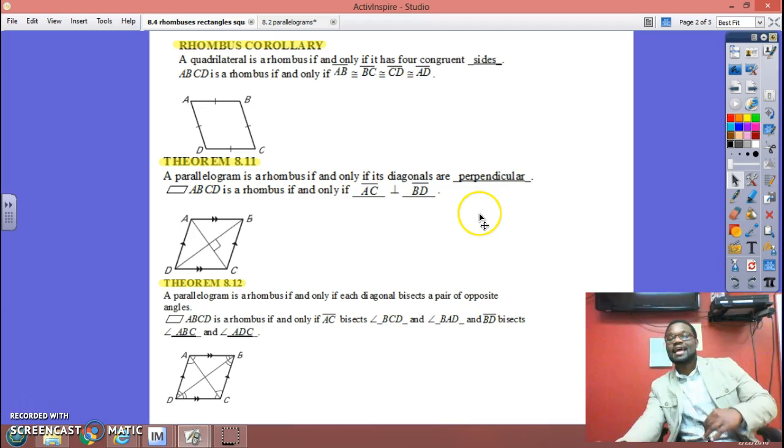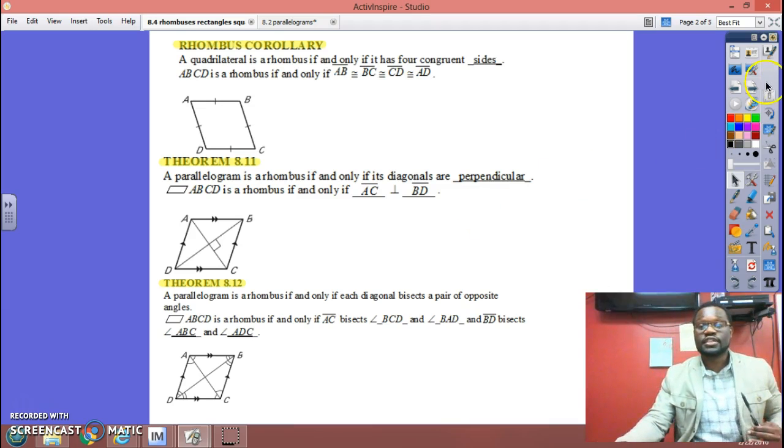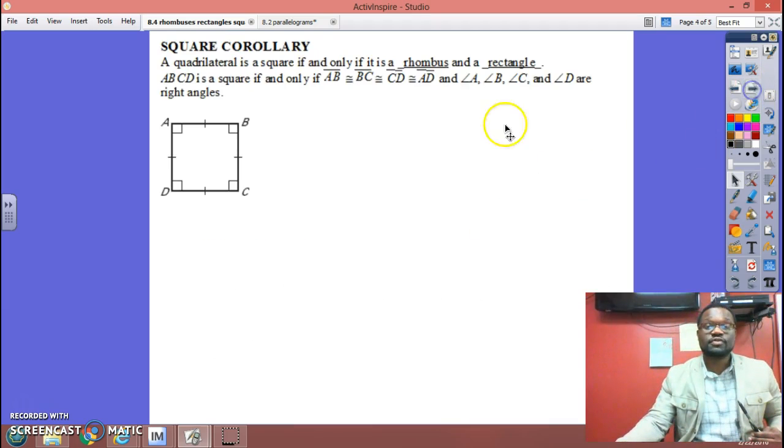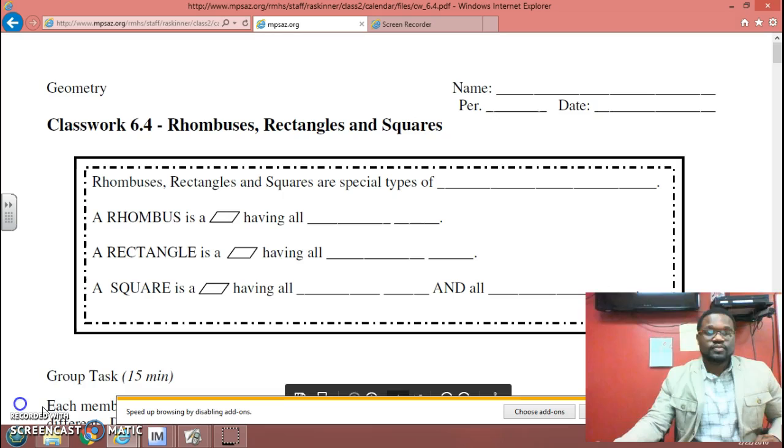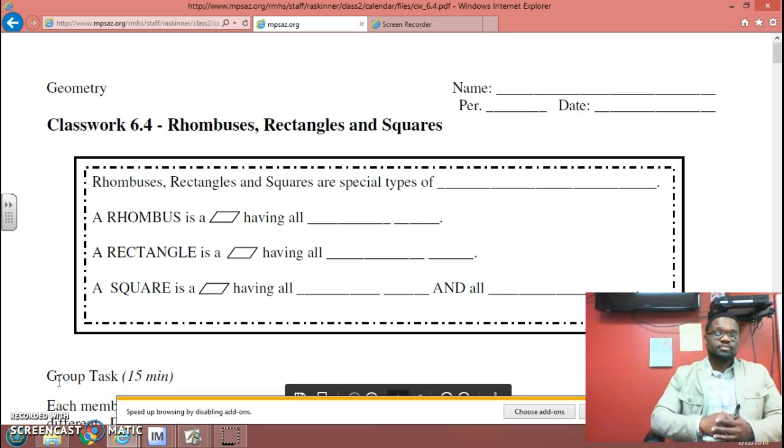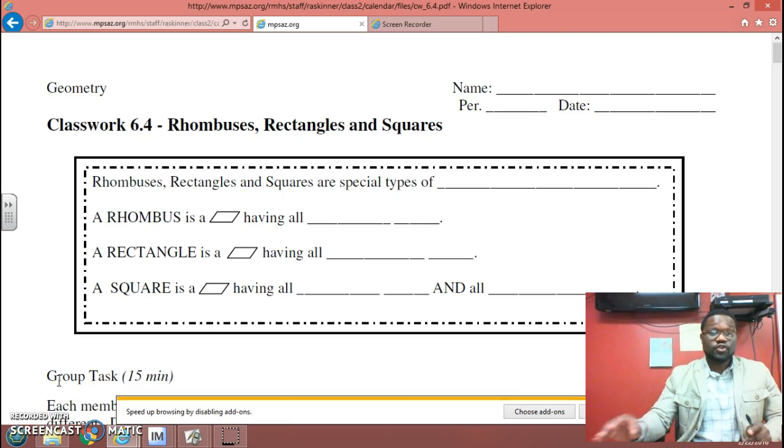Both rhombus and rectangle, both is a square. So all the properties of both of those are found in a square. Alright? Okay, let's look at this little simple worksheet. Maybe it'll help us understand the differences between the two or the three.